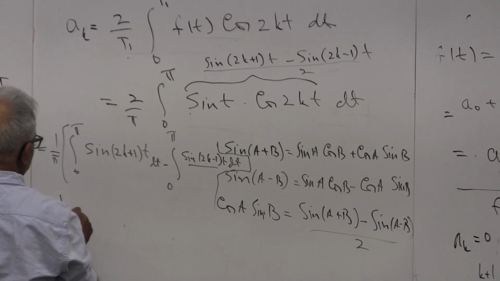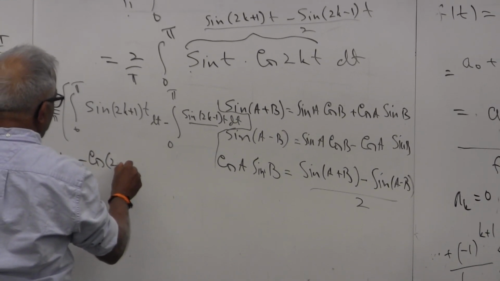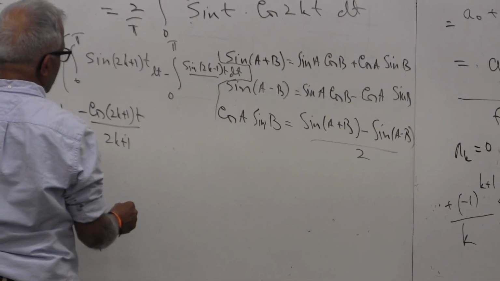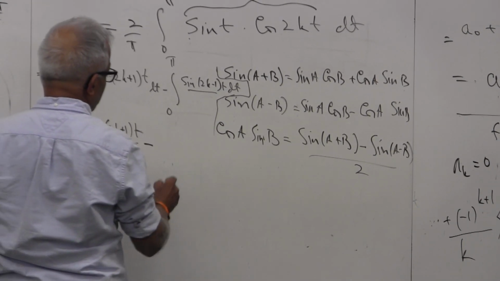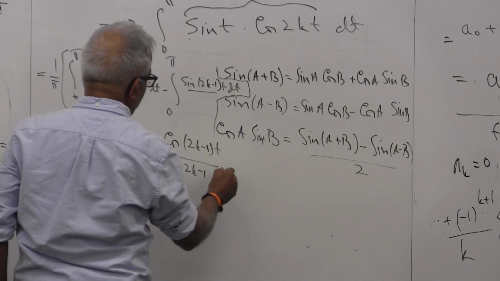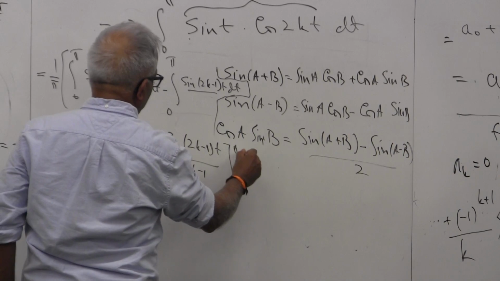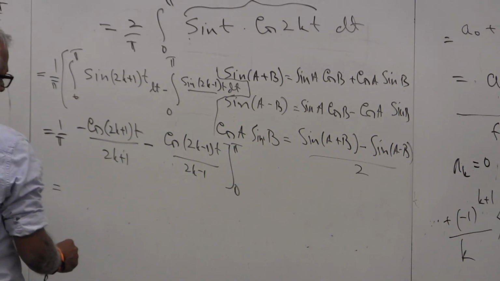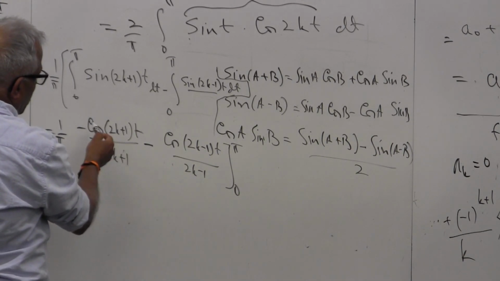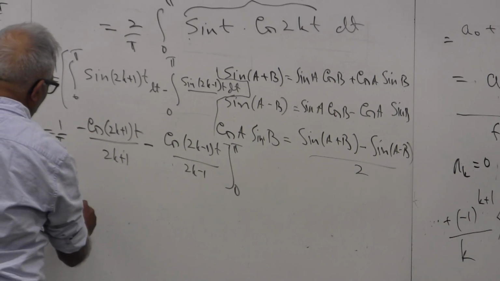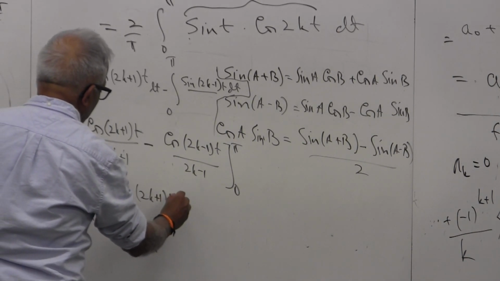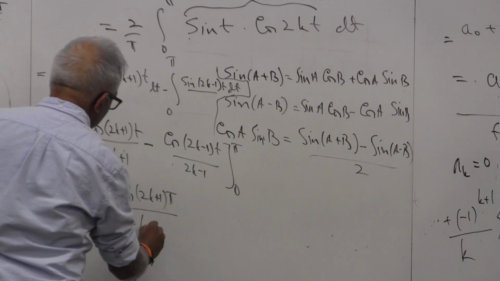So this is 1 over pi, minus cos (2k plus 1)t over (2k plus 1) minus cos (2k minus 1)t over (2k minus 1). We can simplify a little. Top limit minus bottom limit, so the bottom limit comes first because of the minus sign. So 1 over pi, 1 minus cos (2k plus 1)pi over (2k plus 1).